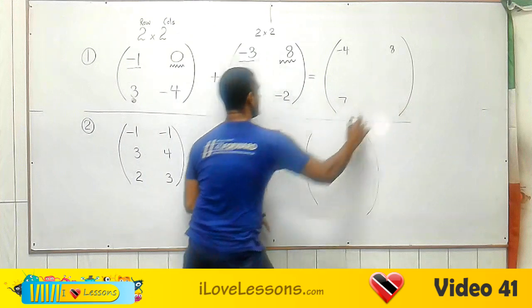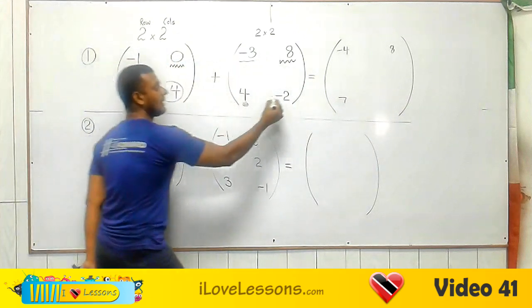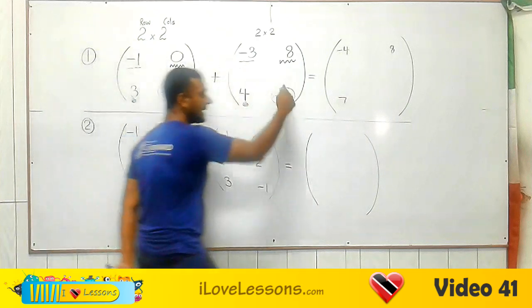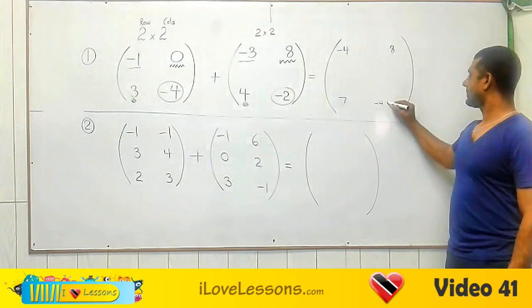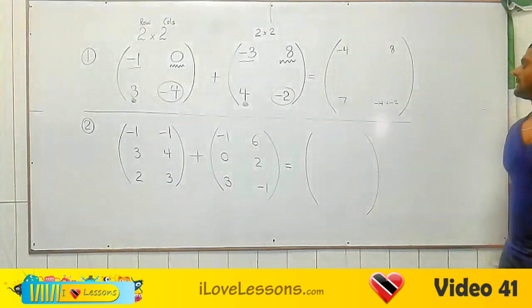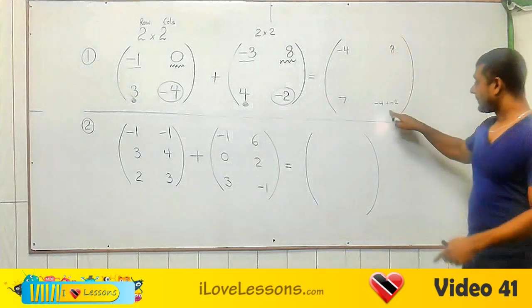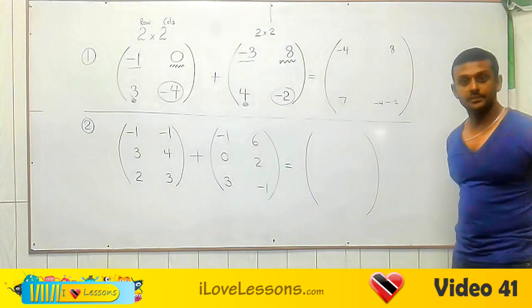Now for the final answer, that's this guy. So we need to add the minus 4 and the minus 2. So minus 4 plus minus 2. Now we all know a positive when it touches a negative, just like in the first one, will ultimately give us a negative.